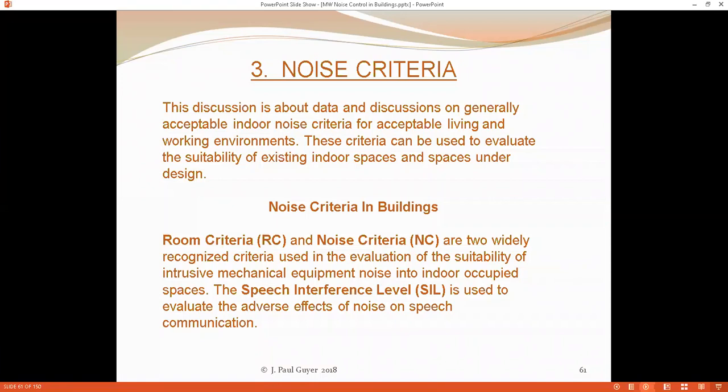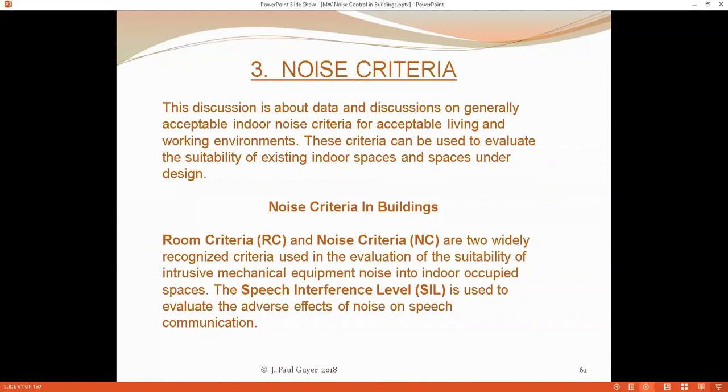There's something called room criteria, and we're not going to discuss that. The one that's important in defining the noise environment in the receiving room is the noise criteria, the NC.